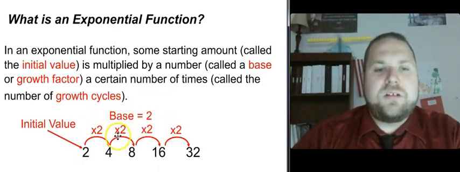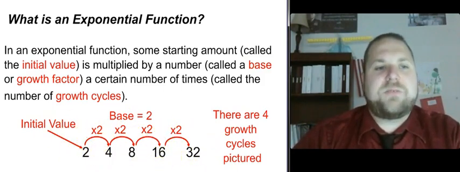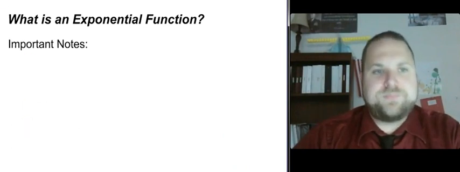And I did this 1, 2, 3, 4 times. So I can say I would have 4 growth cycles. So each time you multiply by the base, we have what's called a growth cycle. And here I've built a sequence for an exponential function. And we can also put this in a table or in a graph, and that's what we're going to look at as we go forward.